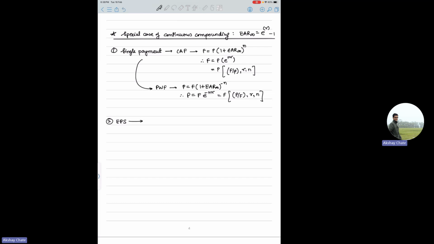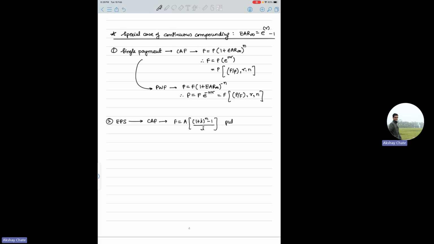Let's say the first one is again compound amount factor, the CAF. So here you'll have F equal to A into, this formula was there, right? 1 plus i power n minus 1 by i, right?